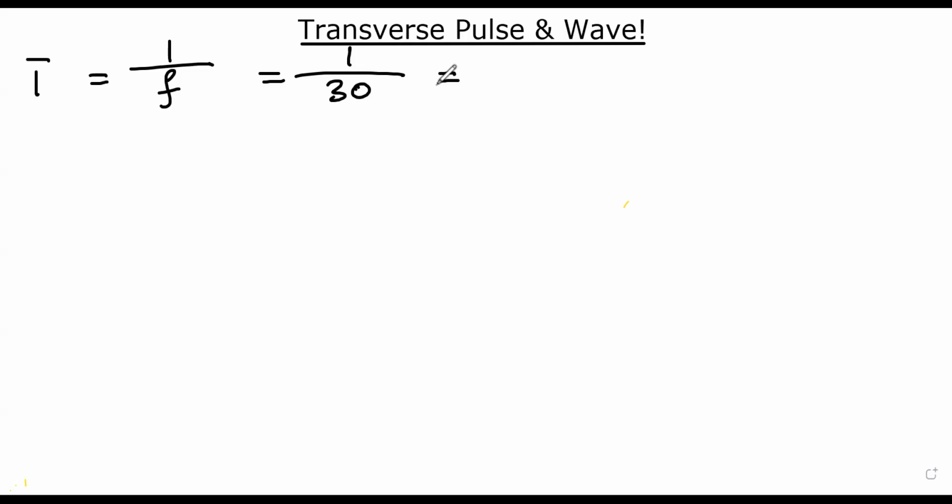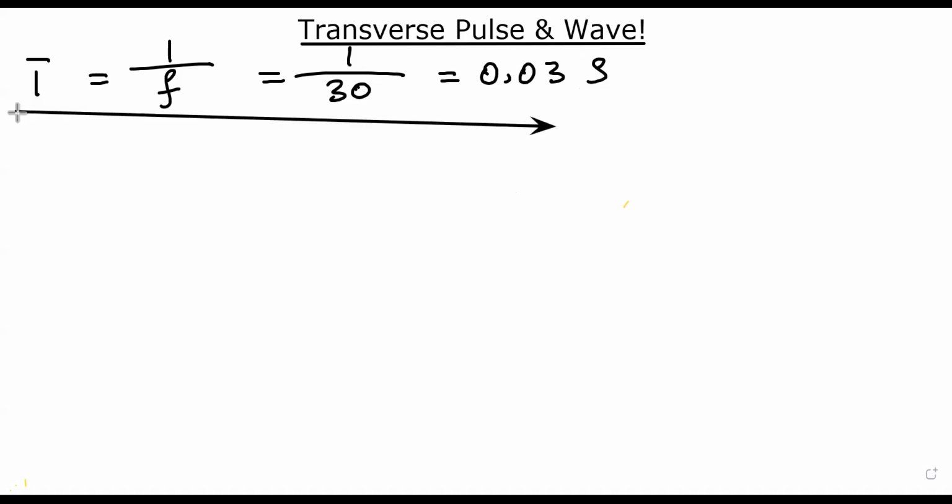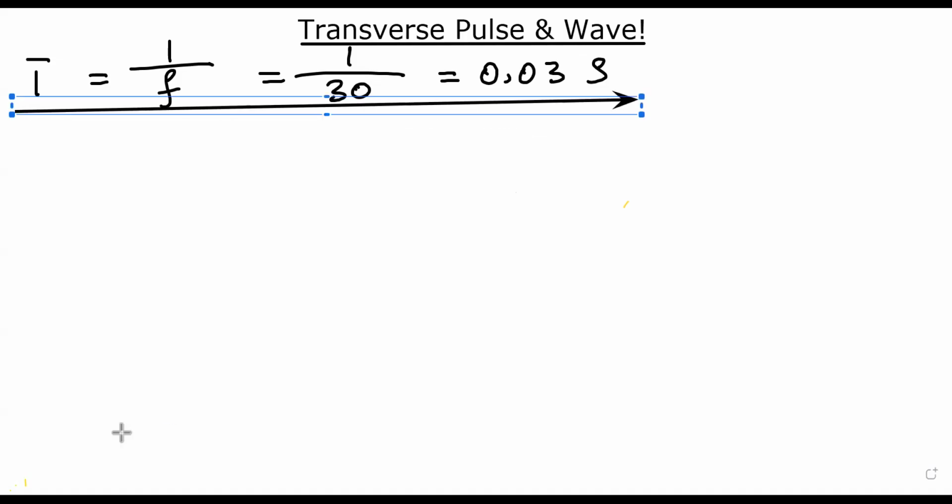So if you go to your calculator and say 1 divided by 30, you simply get 0.03 seconds. Because in physical science, we always take our answers to 2 decimal places. So that's the time taken to complete one wave.